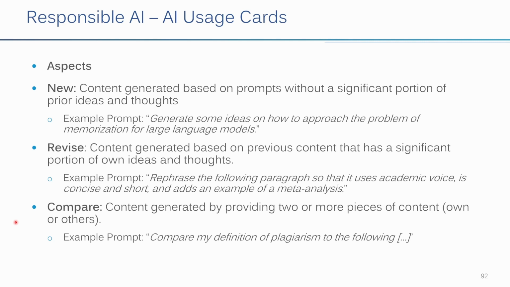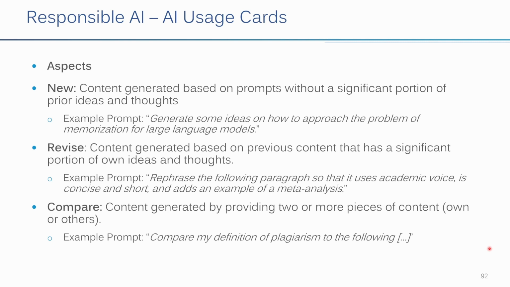If you compare your own work or your own definition with another one, provided by the machine or not, this use should also be reported. This opens up some interesting evaluations, right? You can compare different answers from the same model or from different models, or compare different authors' original text, and so on. This is also being traced.